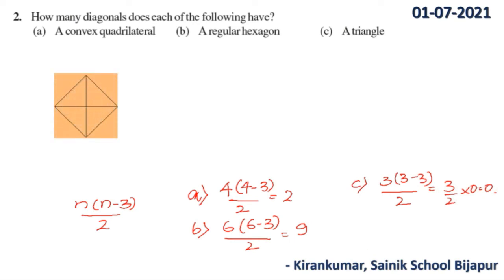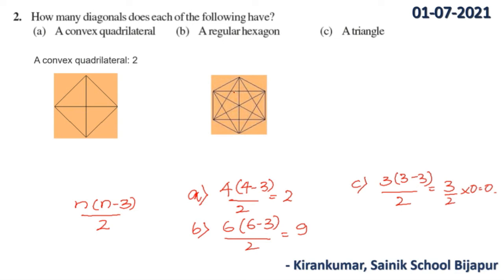Let's draw. Look at this figure. It's a convex quadrilateral. In this, the number of diagonals is 2. Look at this figure. It has got 6 sides. Let me name the sides 1, 2, 3, 4, 5, 6.